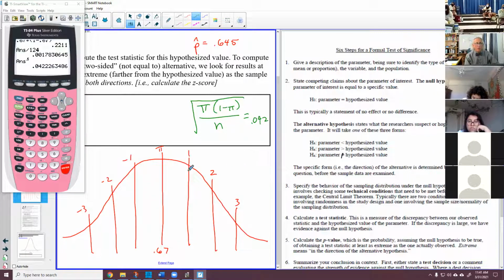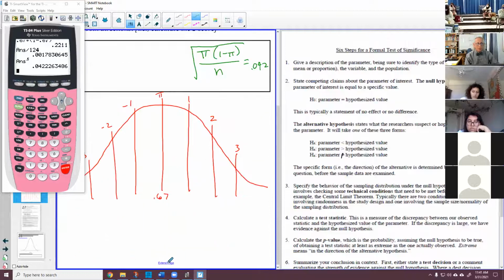Before it was 0.045. So let's go 0.67 plus 0.042 plus 0.042 plus 0.042.